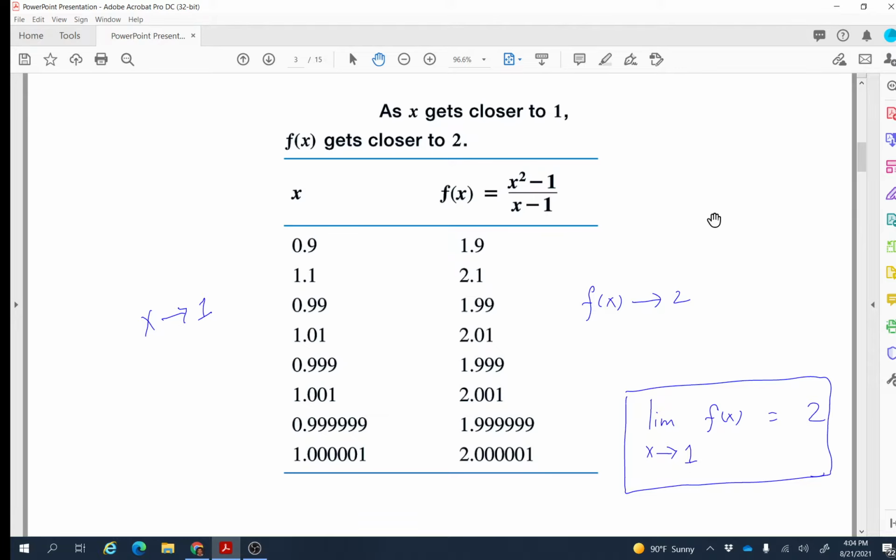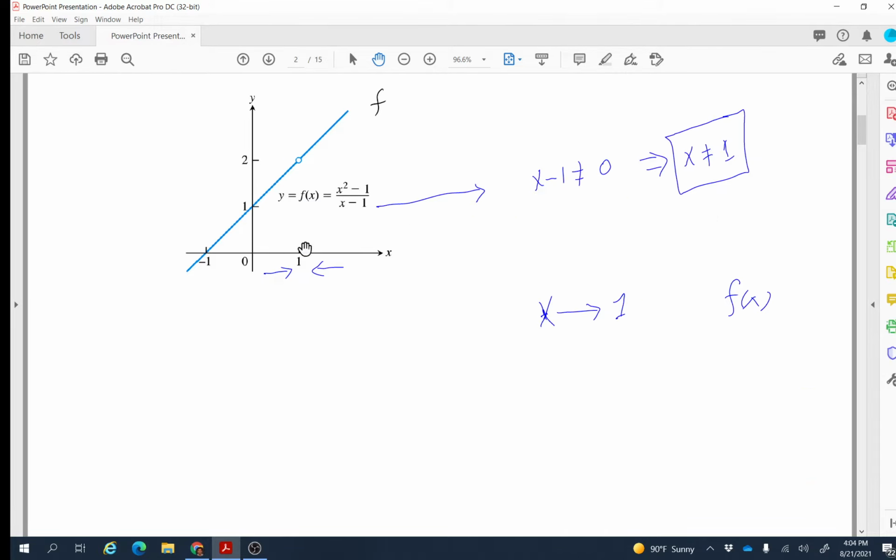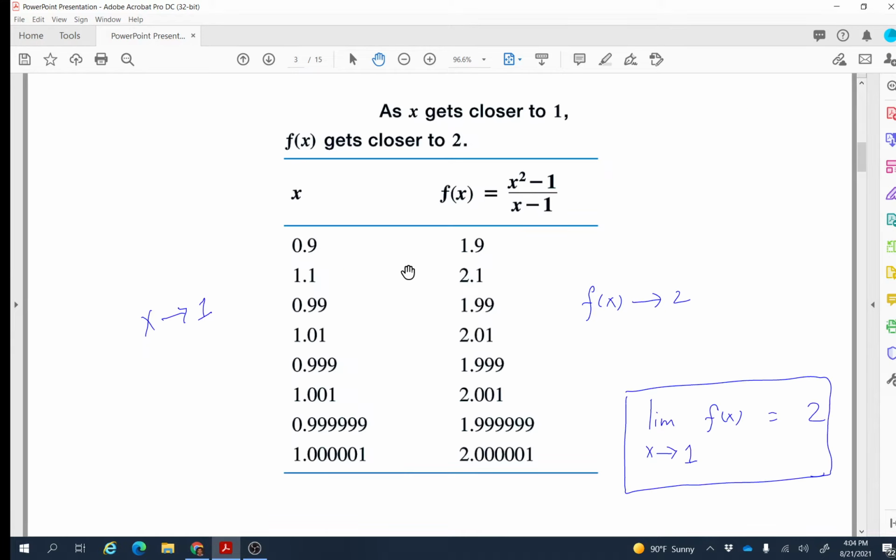But make sure that when x approaches 1 from either the left side or right side, the value of the function should go towards the same value. Like in this table, either you take the left value or right value, then 1, you see that the value is very close to 2. That's why that is called the limit of a function.